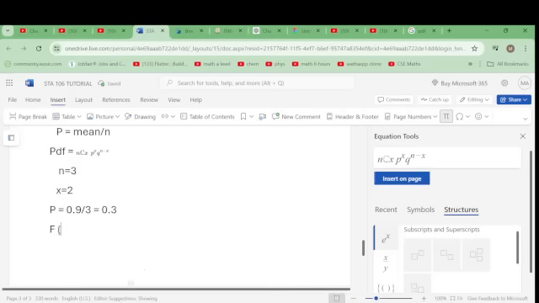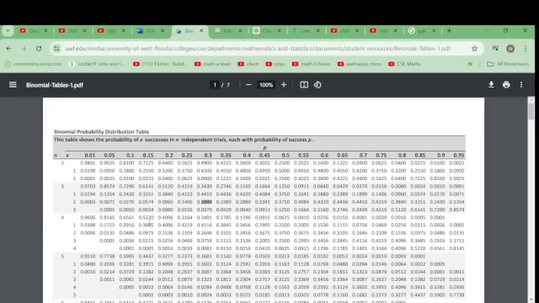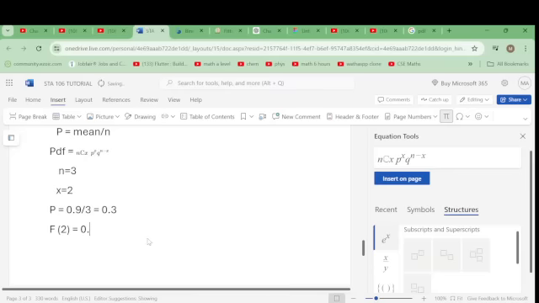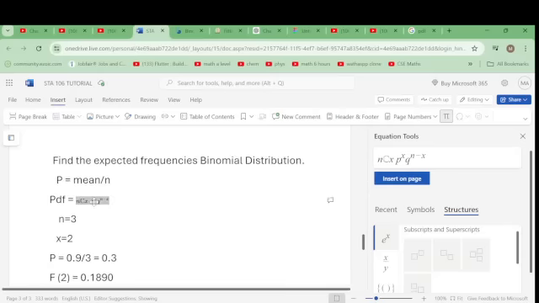F of 2 will be equal to what we get in this table, 0.1890. So you will not be confused. We don't need this PDF again. We can delete it. We are using the table. I think it is fast and straightforward, and it will save you a lot of time on that day. So I feel that's what we should use.